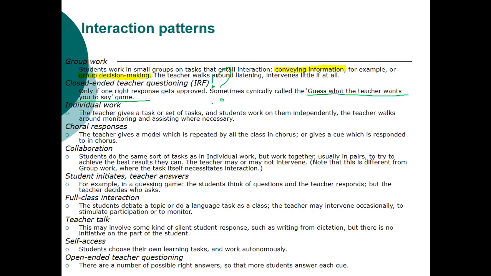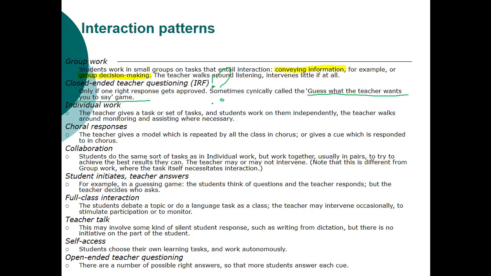Then the choral responses. This happens a lot in mathematics. You ask, okay, 2 plus 2, and everybody in a choir answers 4.